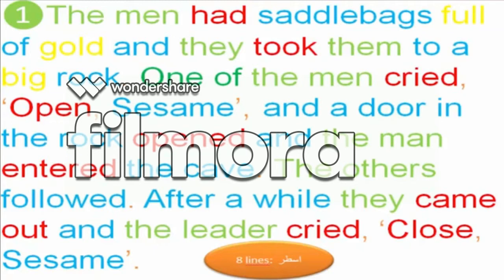إذا يمكن أن نضيف الصفة كما شرحنا فيما قبل before the saddlebags. نقول the men took full gold saddlebags to big rock إلى الصخرة الكبيرة. ثم لدينا second sentence. One of the men cried Open Sesame, and a door in the rock opened, and the man entered the cave, the others followed. يمكن اختصار هذه الجملتين فنقول a man بمعنى رجل واحد.